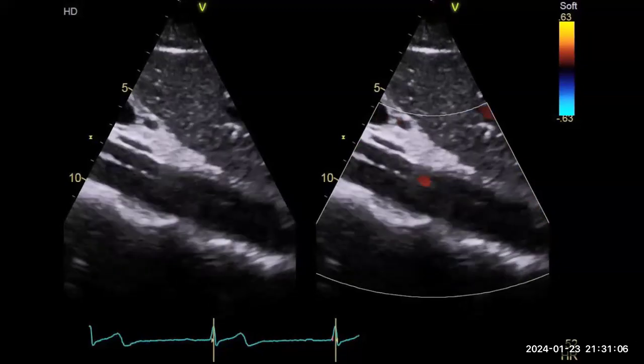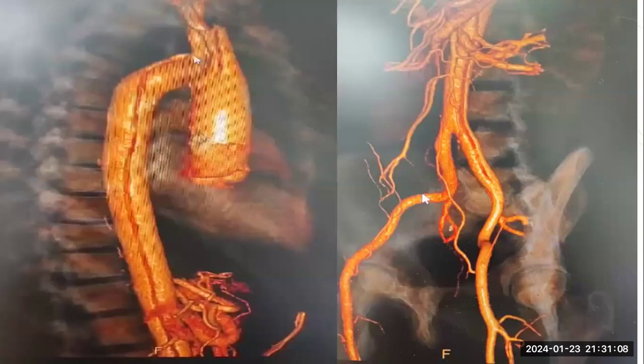We took the patient, CT was done, and as you could see here, this is the dissection coming from the aortic root up to the arch, going down to the descending thoracic and abdominal aorta, and this is from down. Here it's extended up to the carotid, and here in the iliac. The patient was taken to the OR, alhamdulillah, and he was able to make it, and we successfully repaired.